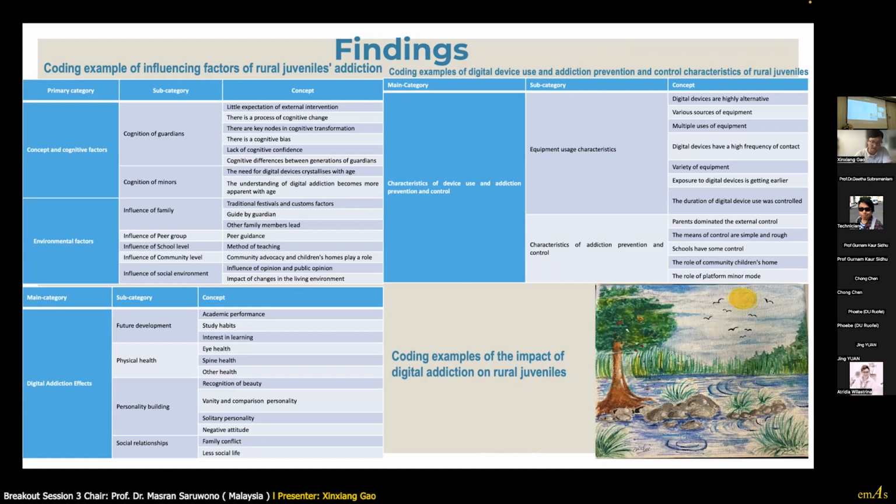The impact of digital addiction among rural juveniles is strongly influenced by their digital products use and provision and control characteristics regarding future development, physical health, personality building, and social relationships, as coded in the table.